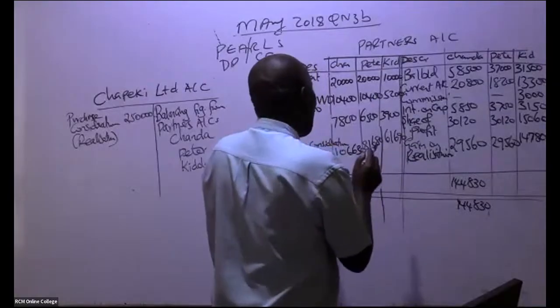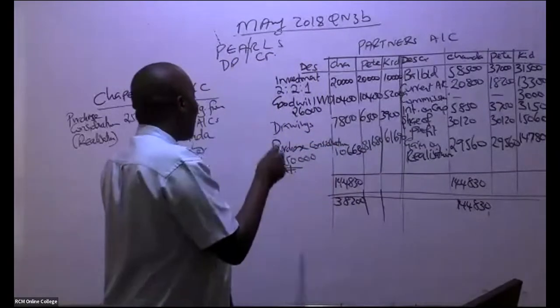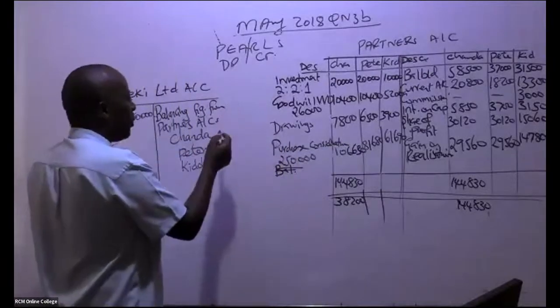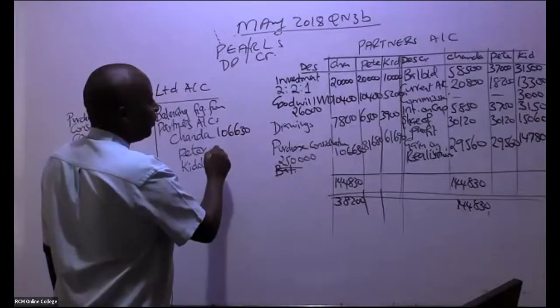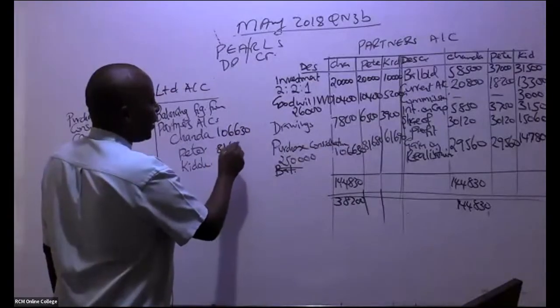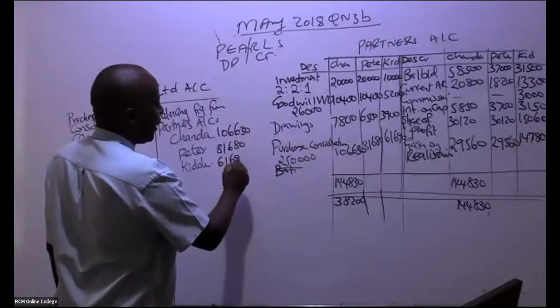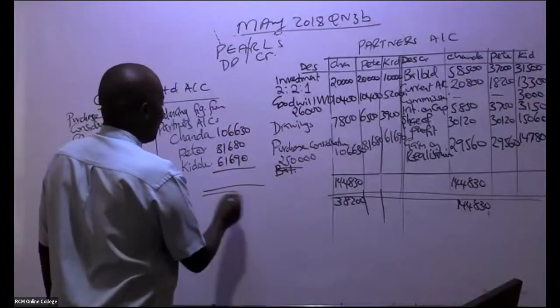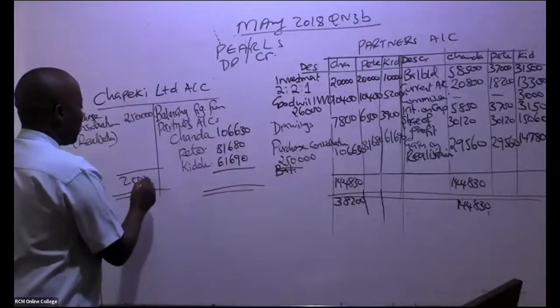So if you want to know whether you are correct, see whether the three figures add to 250,000. If they're not adding to 250,000, you have gone wrong. So 106,630, 81,680, 61,690. This account should always be self-balancing. Very easy.